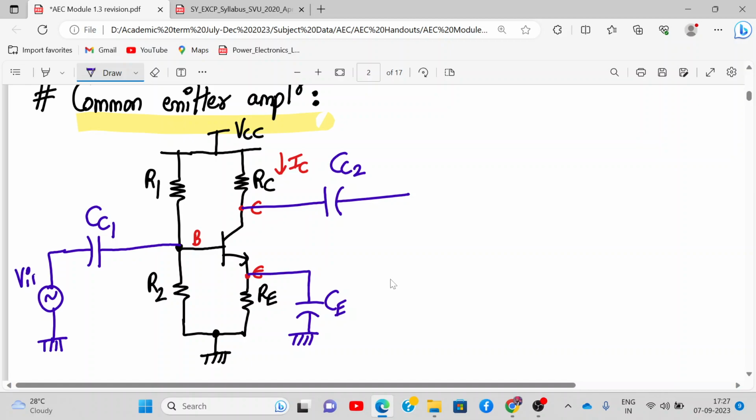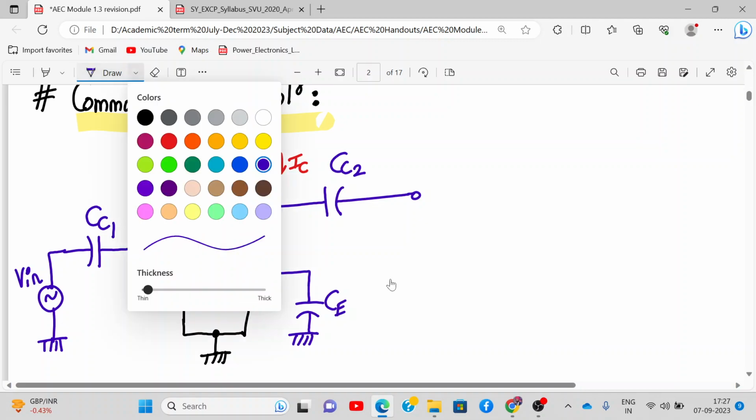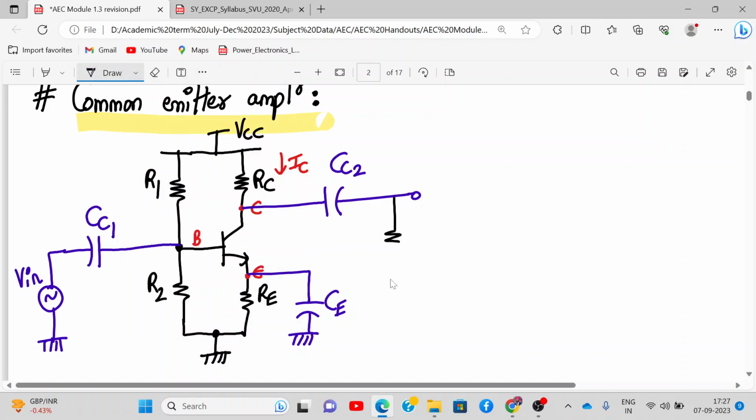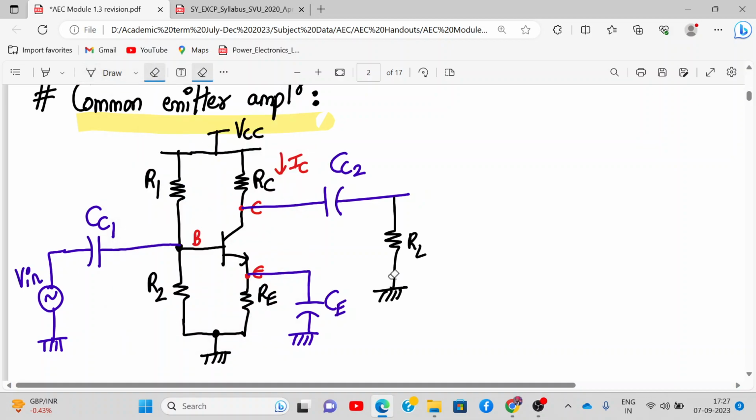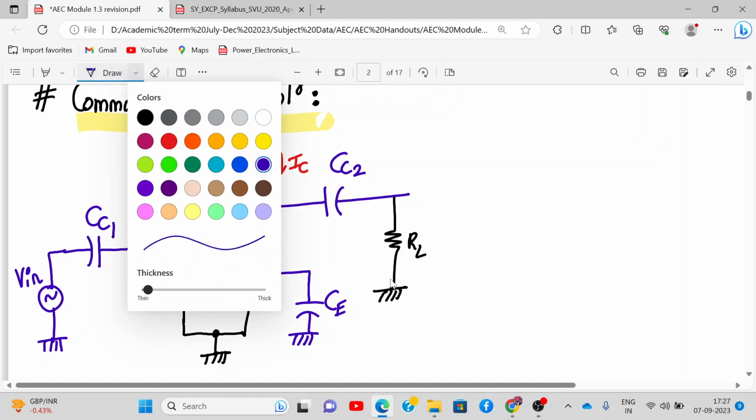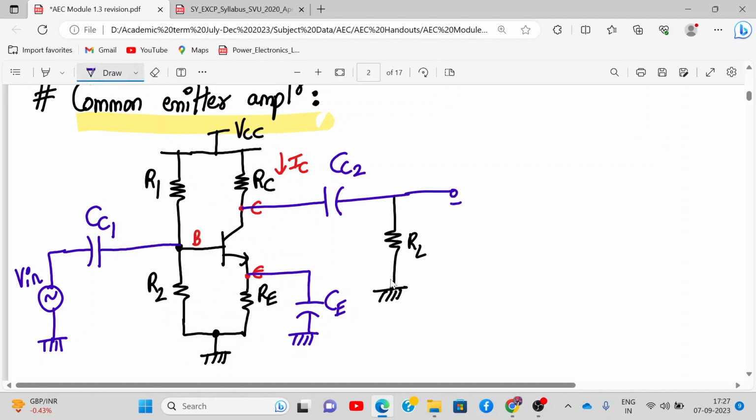This is V in, and at the output you can connect a load resistor. This is my load RL, and that's my output V out. I can mark that as V out. So please draw the circuit. Okay, so this is plus minus V out.